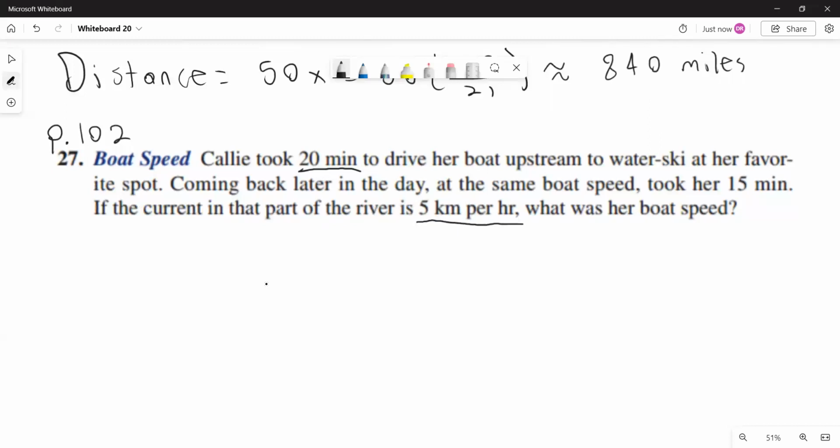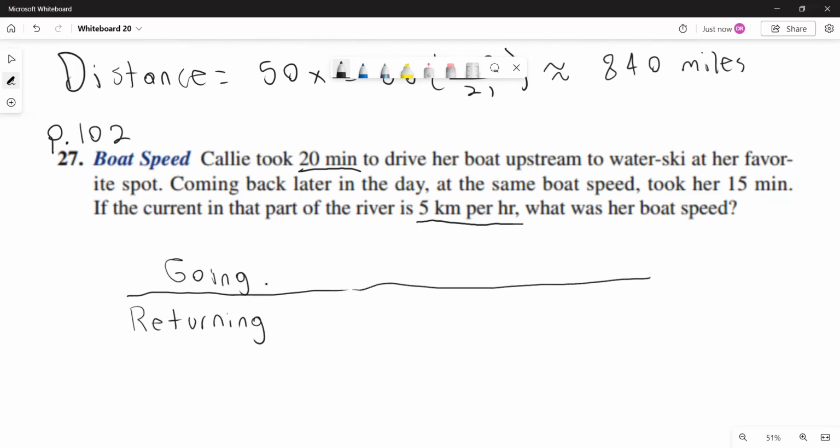So again, we're going to make a table with the going and the returning trip, with velocity, time, and distance. We don't know what the velocity is, but they are asking us what was her boat speed.